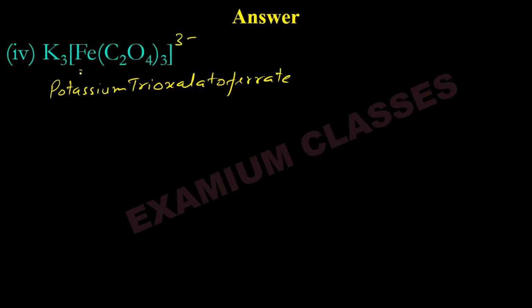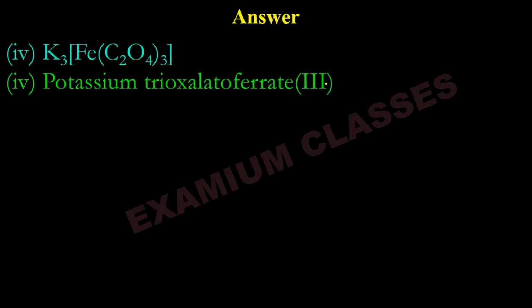If iron oxidation state is X, oxalate has oxidation state -2, so -2 into 3 will be -6. So X - 6 equals -3. So again, X will be +3. So ferrate(III). That's it. So potassium trioxalatoferrate(III). Why oxalato with O? Because this is a negative ion, an anion, the ligand is an anion. So that's why it will end with O.